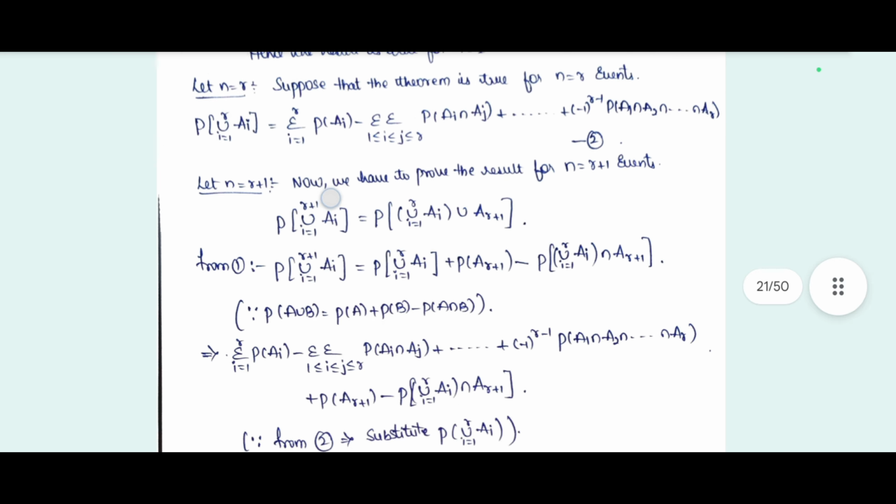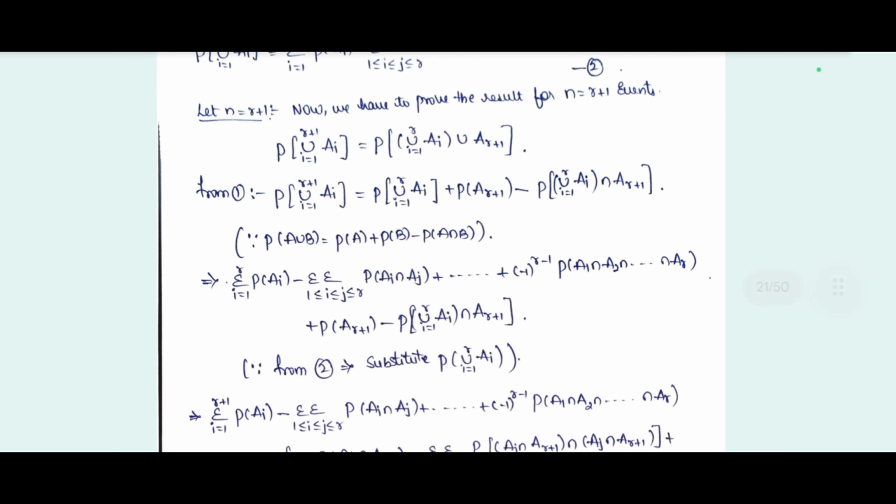So let's consider the n equals r plus 1 statement from 1. This is divided into two parts: the union i equals 1 to r, and the union with A of r plus 1 that you are adding. So from 1 this is in the form of A1 union A2, hence it is expanded by the addition theorem of probability for two events.